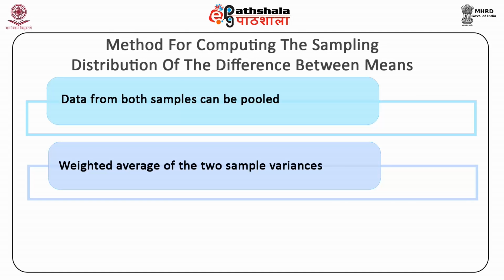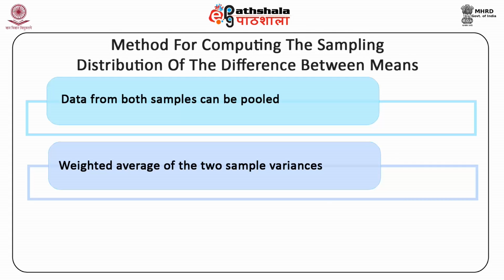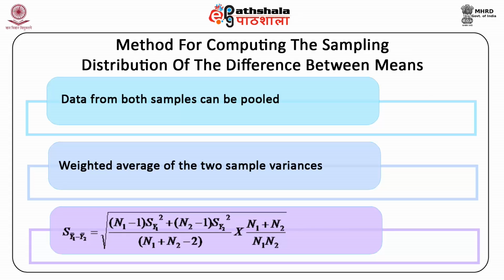Since the two samples have different sizes, we rely on the larger sample and take a weighted mean, which is given as S(y1 bar minus y2 bar) equal to the square root of [(n1 minus 1) into S y1 square plus (n2 minus 1) into S y2 square] upon (n1 plus n2 minus 2), into the square root of (n1 plus n2) upon (n1 into n2), where S is the sample standard error.